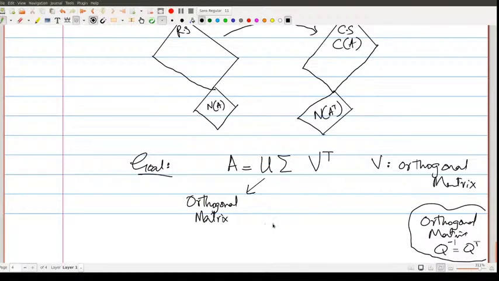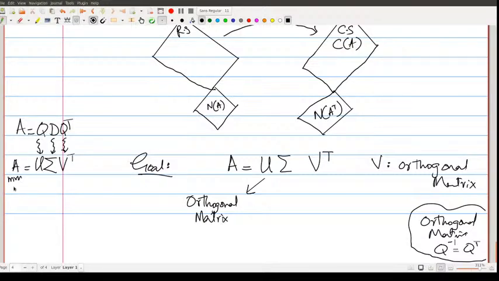This is very similar to X D X inverse, or the Q D Q transpose we did for a square symmetric positive definite matrix. Now this is a generalization of that idea to rectangular matrices as well. Here we need two different matrices because A is an M by N matrix.